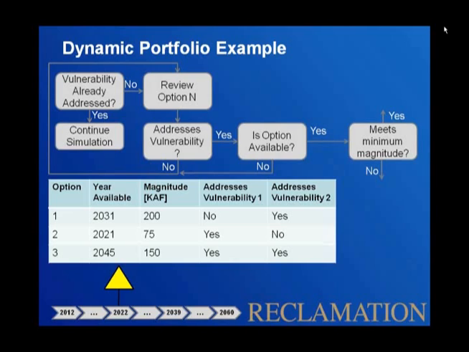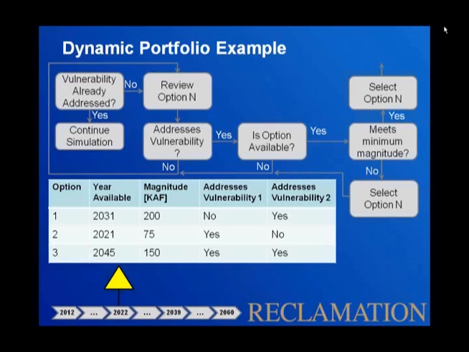And then there's a criteria for a minimum investment. Essentially, we want to do enough when we have a vulnerability signpost flag that we feel as though we're going to get some sort of a shift in the system and that the yield isn't so small that it's going to be unmeasurable or not really avoid going into that vulnerable space. So if it doesn't meet the minimum magnitude, we'll actually put it in place anyway, but we'll go back and look for another option through the same process we've described.